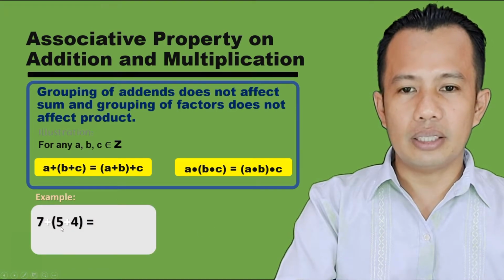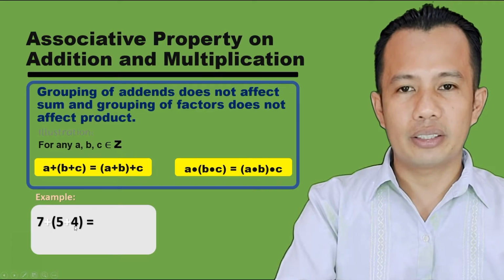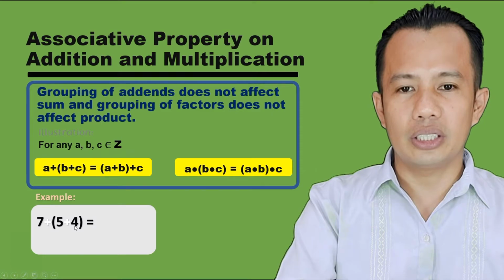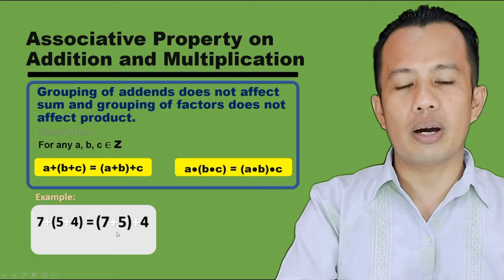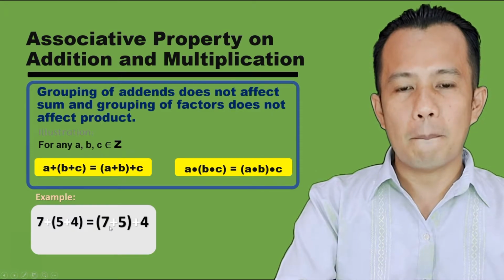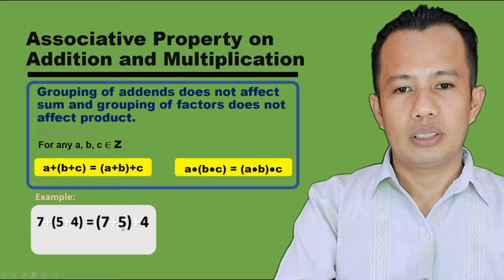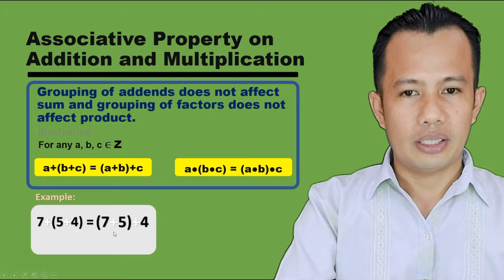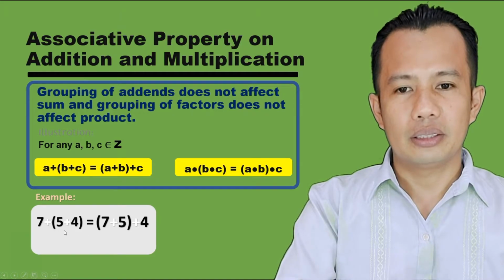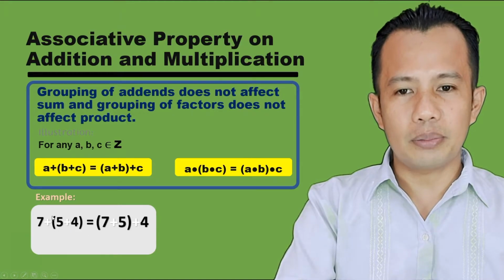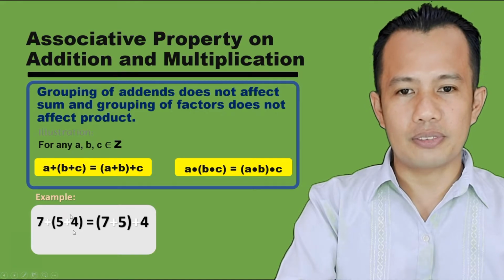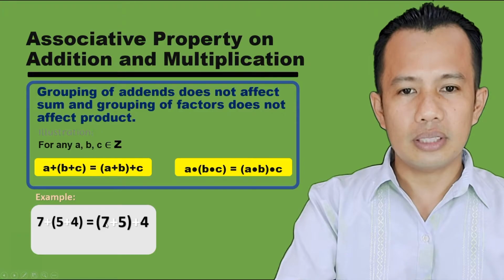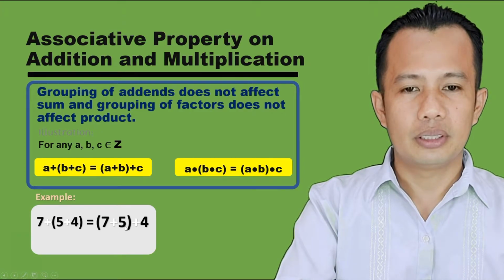7 plus the quantity 5 plus 4. By virtue of associative property on addition, this one is also equal to the quantity 7 plus 5, added to 4. Let's look at the grouping here. The group on the left part is 5 plus 4, and on the right part, 7 plus 5.